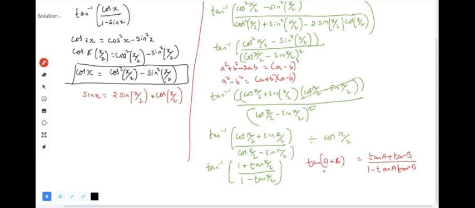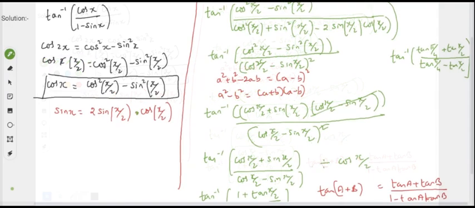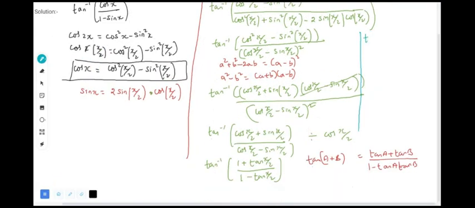So we can write the answer as tan inverse of, for 1 we can write tan pi by 4, so tan pi by 4 plus tan x by 2 divided by 1 minus tan pi by 4 into tan x by 2.